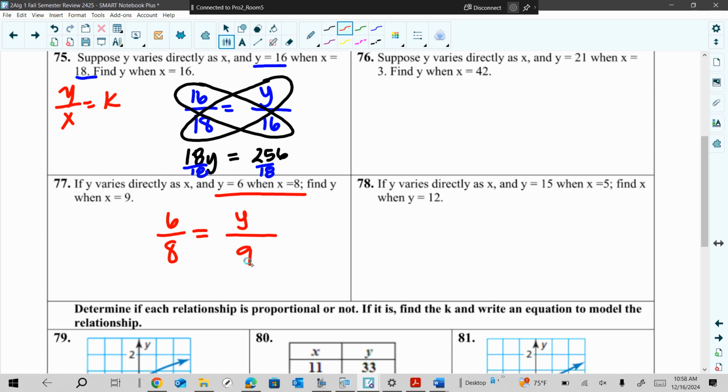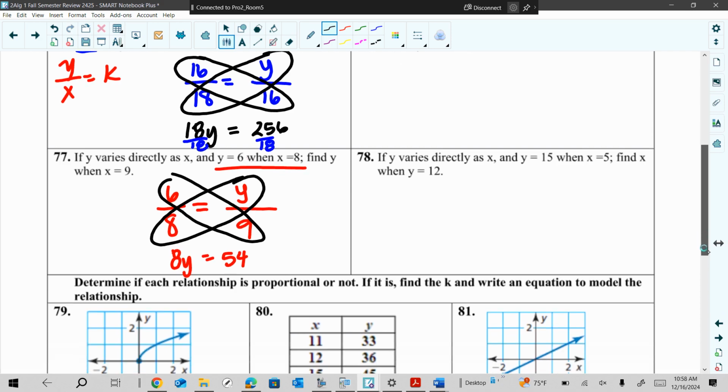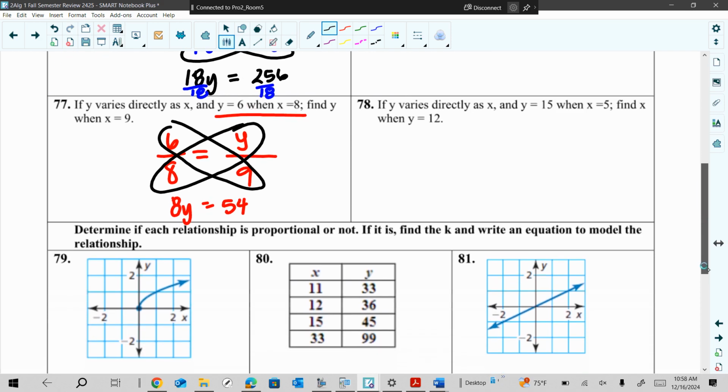If I ask you to find x, then make sure x is on the bottom. 8y equals 54, that is correct, and then divide by 8. So y equals 6.75.